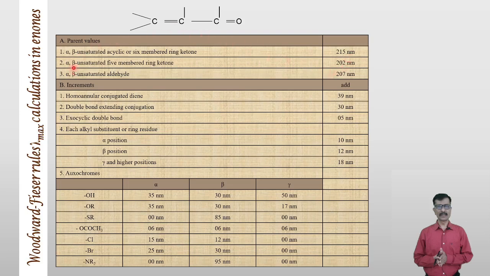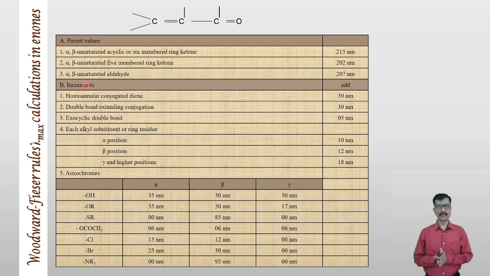If it is an alpha, beta unsaturated 5-membered ring ketone, if the ring is 5-membered and the same system exists, then the value is 202 nanometers. If it is an alpha, beta unsaturated aldehyde, here there is H, it may be 5-membered, 6-membered, acyclic, whatever it may be, you have to take the parent value as 207 nanometers.